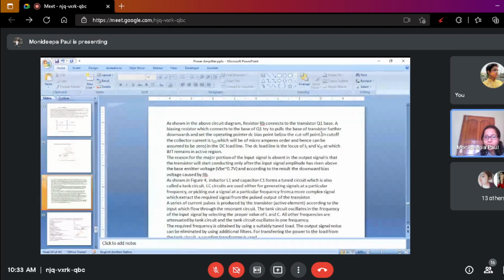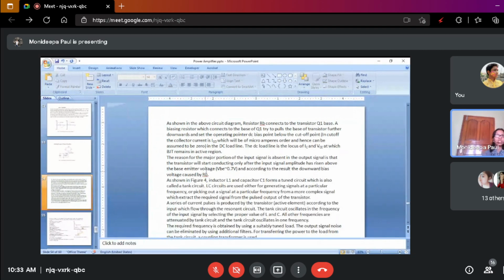The DC load line is the locus of IC and VCE at which the BJT remains in the active region. I have already discussed in the transistor section how we find out the DC load line. The reason the major portion of the input signal is absent in the output signal is that the transistor will start conducting only after the input signal amplitude has risen above the base emitter voltage, that is the 0.7 volt, and according to the result, the downward bias voltage caused by RB.